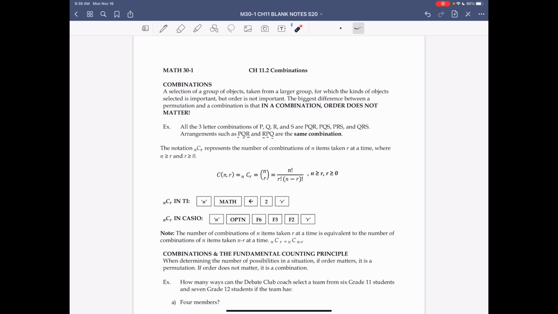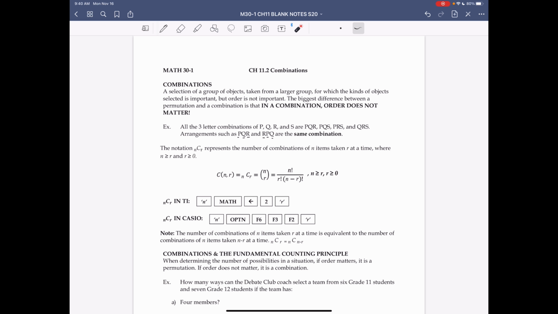Or another way that we didn't see with permutations is brackets with n on top and r below. It's not a fraction, there is no fraction line. It's just n at the top of the brackets and r at the bottom. So that means a combination.